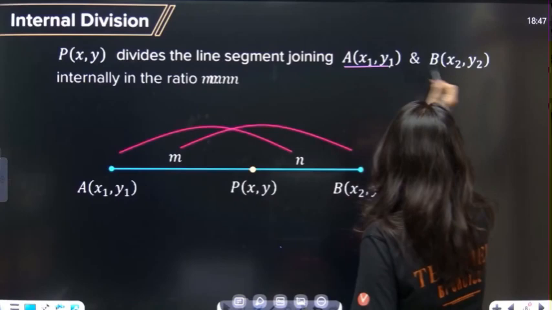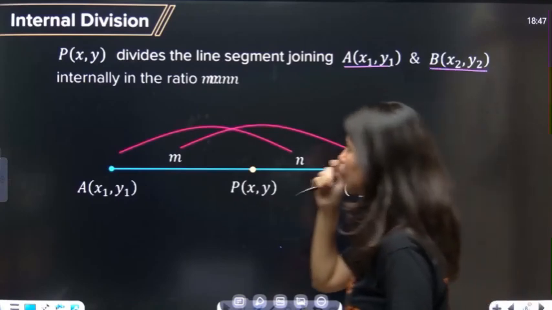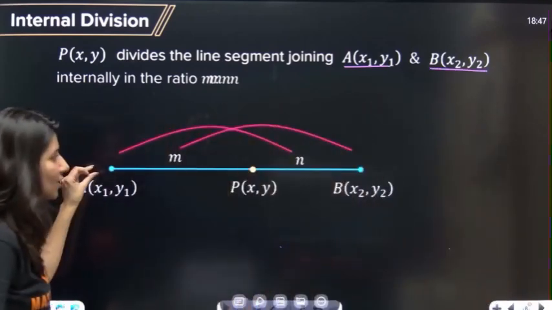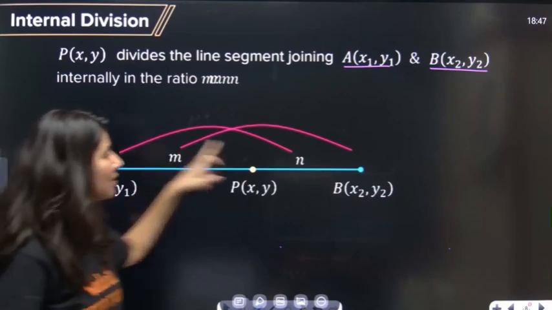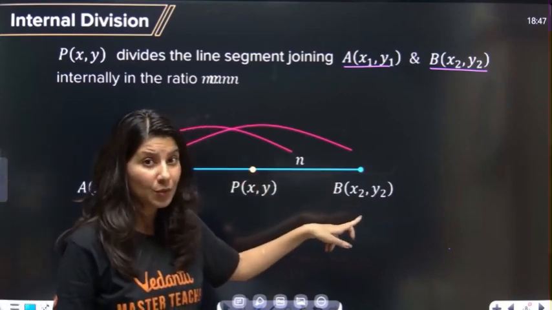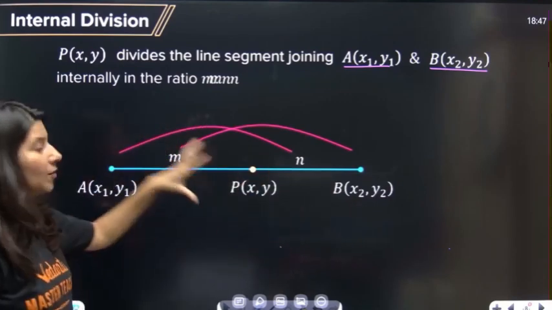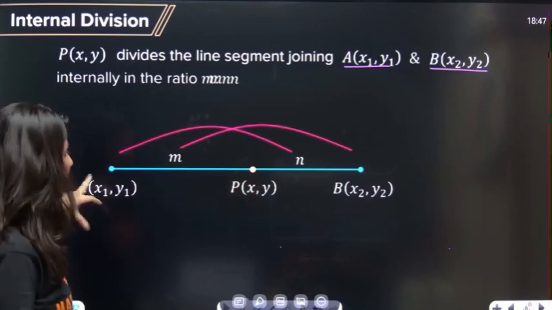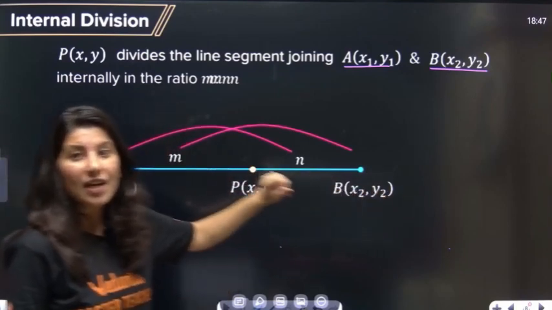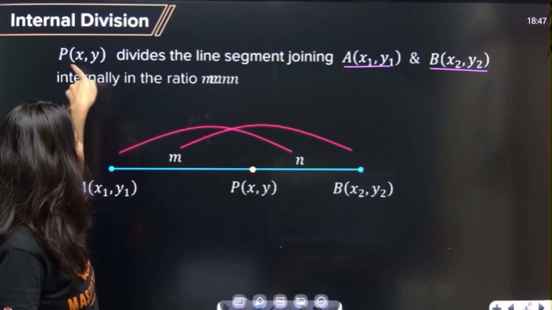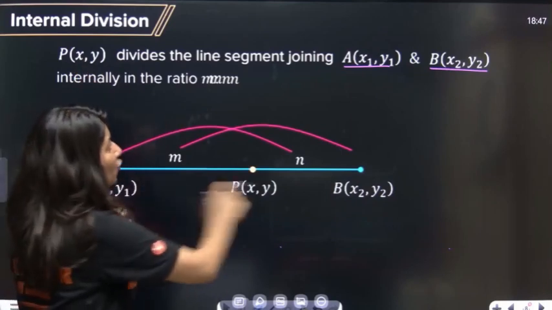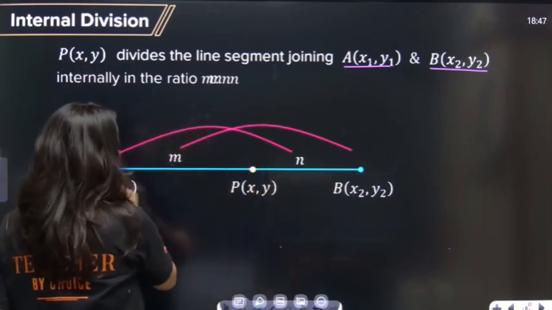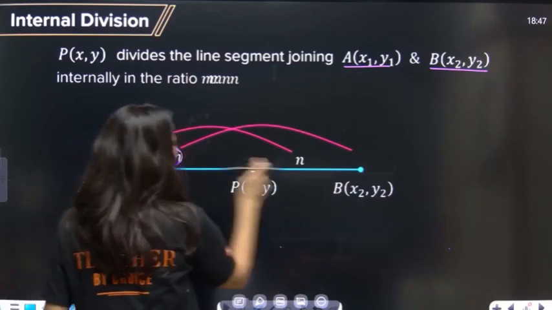This is your A and this is your B, correct? Now, there is this point A which is given to you. There is this point B which is also given to you, correct? So A and B are 2 points, and there is a line joining AB, where point P lies on the line joining AB, and P divides the line segment in m:n ratio.